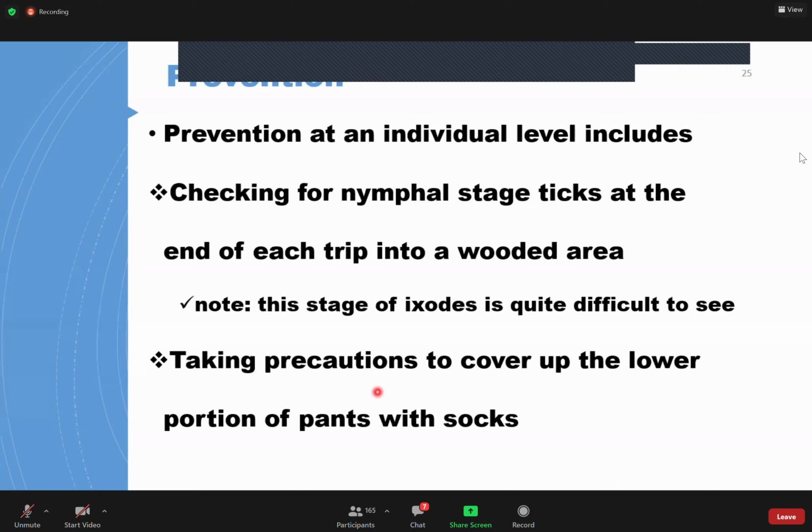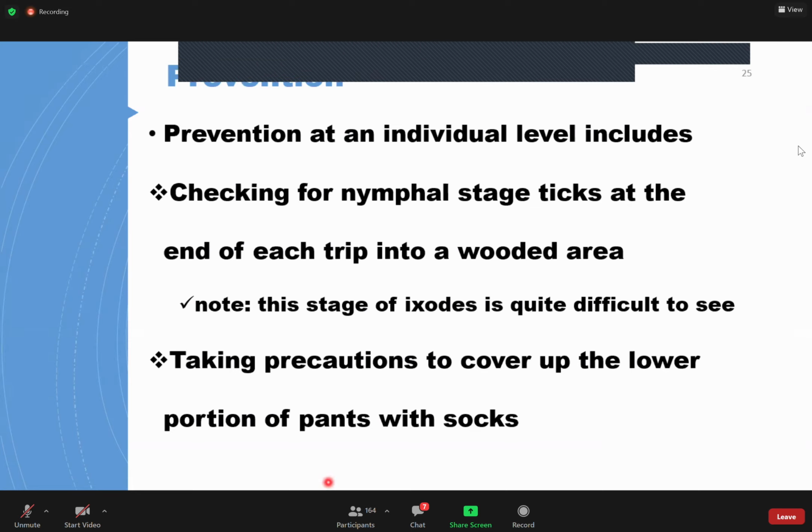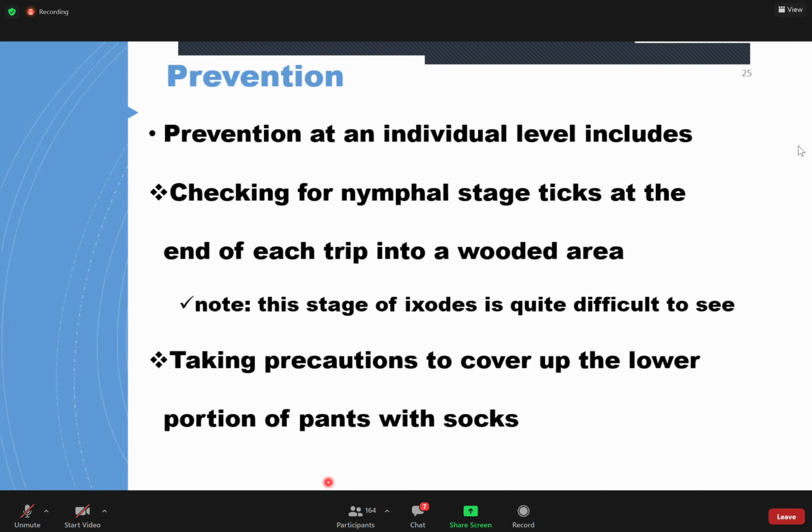Another thing that you can do is to make sure that when you're going out, you cover your pants with your stockings. Your stockings will be white. Hopefully you put on white socks. Don't put on colored socks because you won't see the nymph because they're just tiny dots. So put on something whitish.